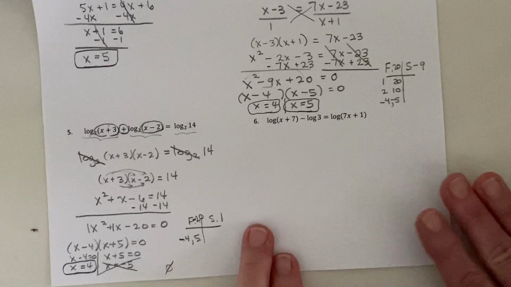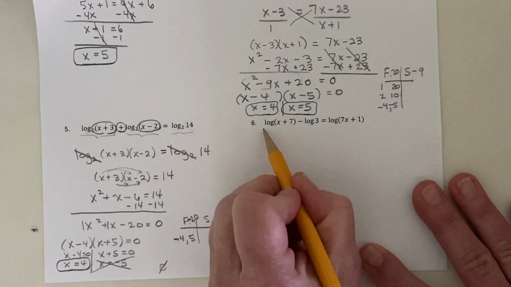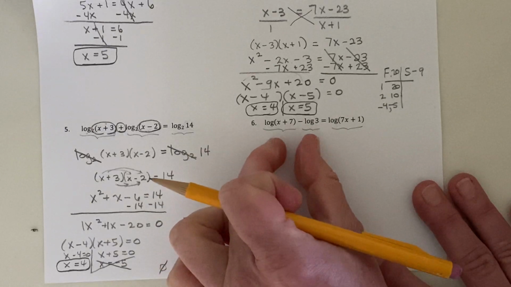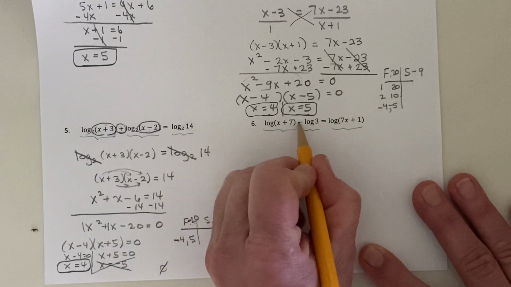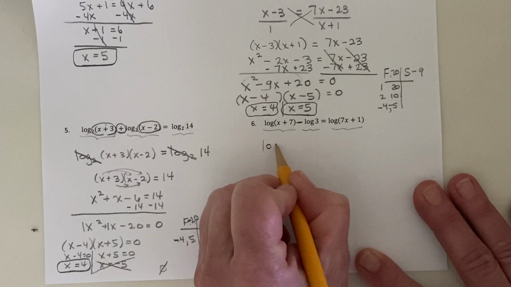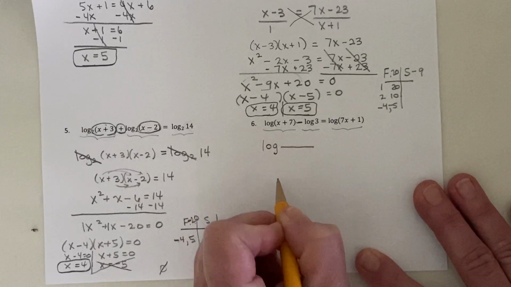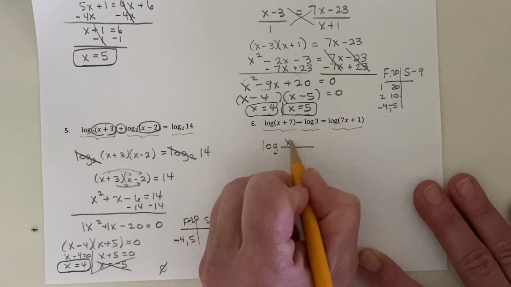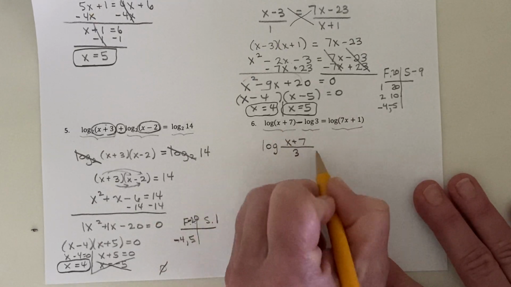Okay, problem 6. If I'm going to solve this log equation, I want to condense these two log expressions here. I have a minus, so that tells me I'm going to go from difference back to quotient. x plus 7 is on top and 3 is on bottom.